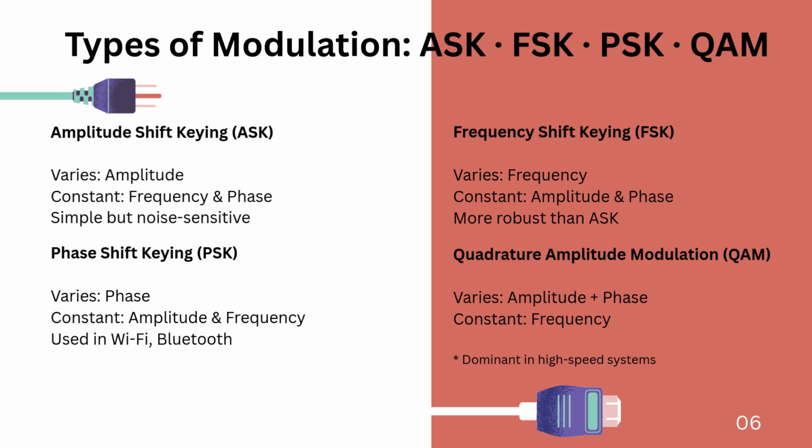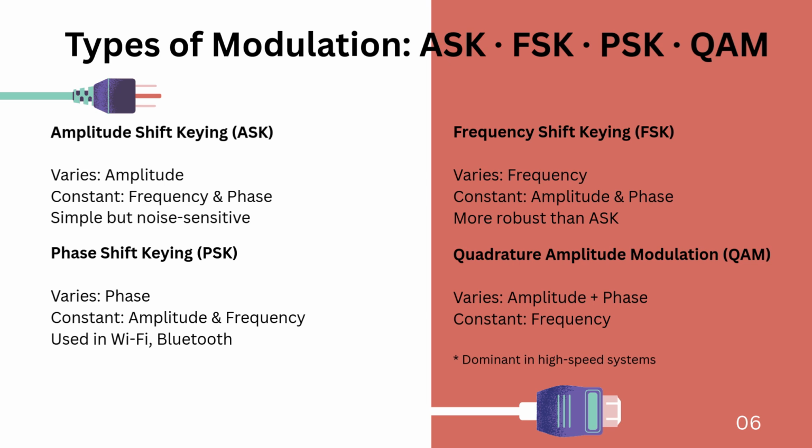There are four main types of modulation. The first one is ASK. This is when only amplitude is changing. The second one is FSK. This is when only frequency changes. The third one is PSK.